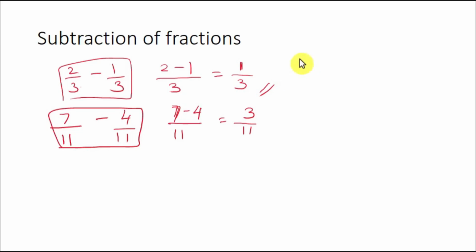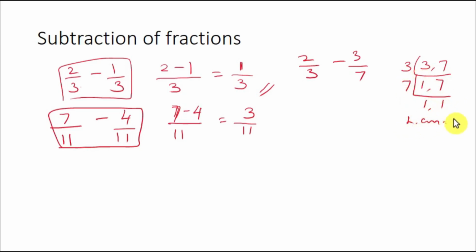When we are going for unlike fractions, 2 by 3 minus 3 by 7. Here I told you we have to take the LCM. Unlike fraction means we have to convert to like fraction. So 3 1 time, 7 keep as such, 7 1 1.